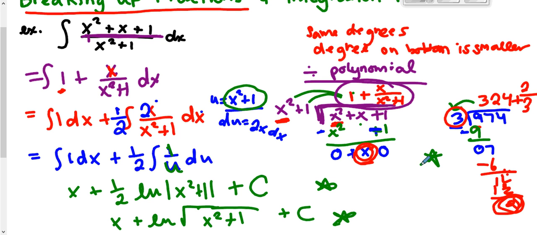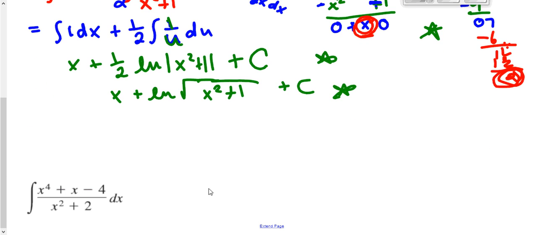I'm going to do one more example with division. So if we look at this integral, we have the same pattern, but actually instead of the same powers on the top and bottom, the bottom power is smaller. In order to break these up, you still have to do polynomial long division. So we have to set up our long division, and we're dividing by x squared plus 2. There's one thing about setting up your long division.